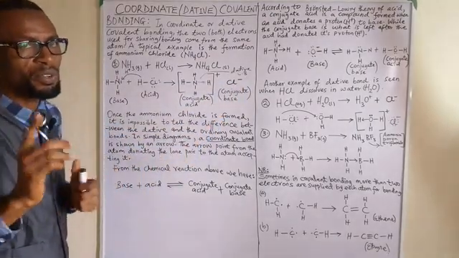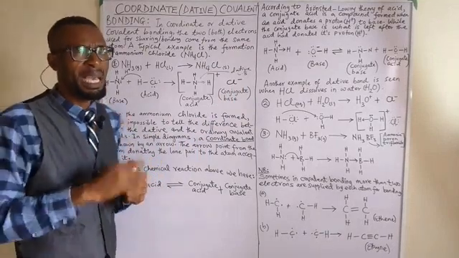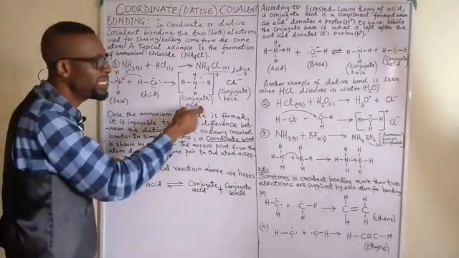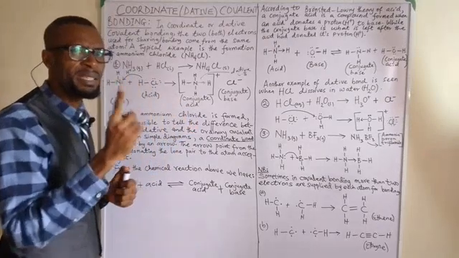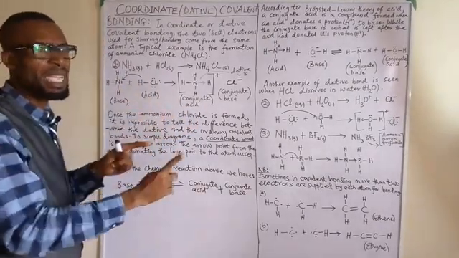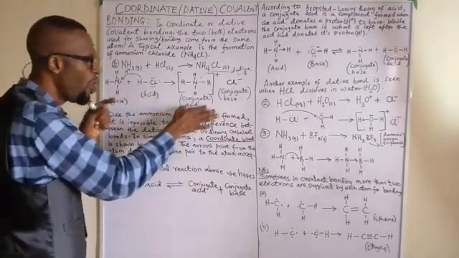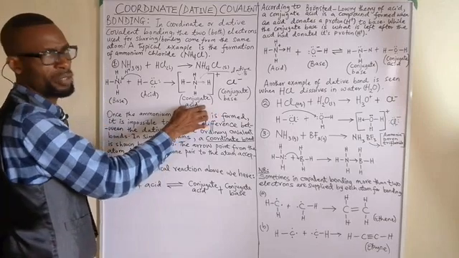And it's important for us to understand that according to the Bronsted-Lowry theory of an acid, what we call a conjugate acid is made whenever a base is protonated. When an acid donates a proton to a base, what we produce from that base is called a conjugate acid.